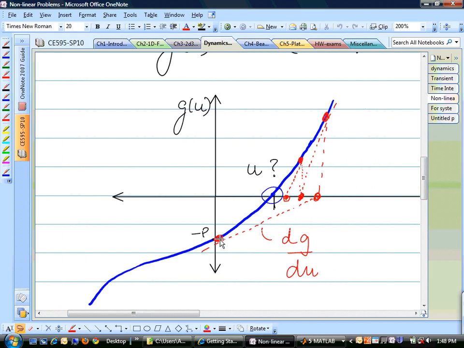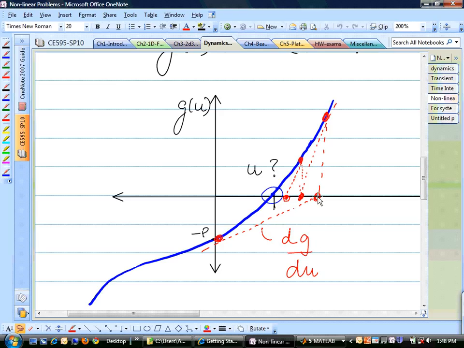So this was our initial assumption. This is the tangent stiffness. Given this tangent stiffness, it predicts that the solution should go to 0 at this point. And this distance from here to here, that is delta U.